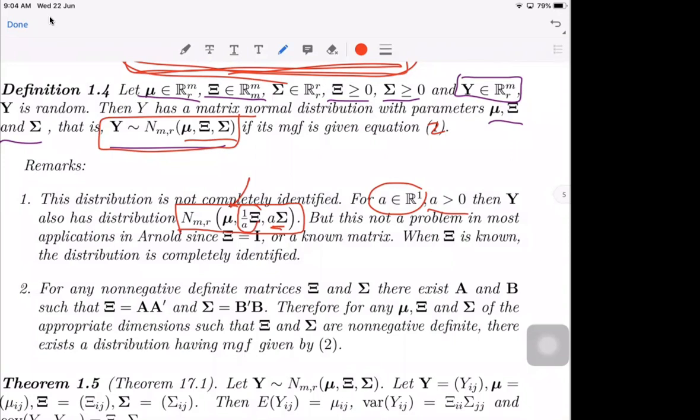So you will see later that sigma will talk about the covariances among the columns or among the variables. And psi will talk about the covariances among the rows, or the number of cases or the respondents.